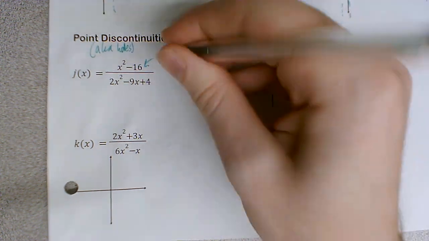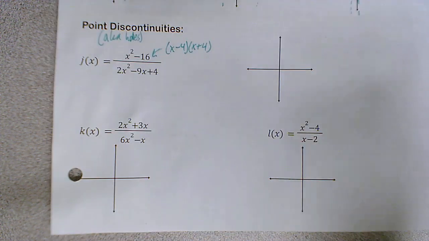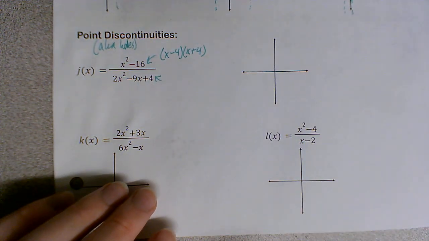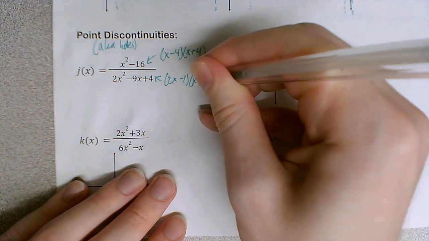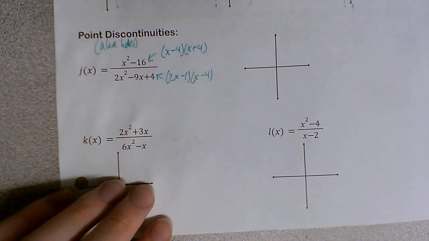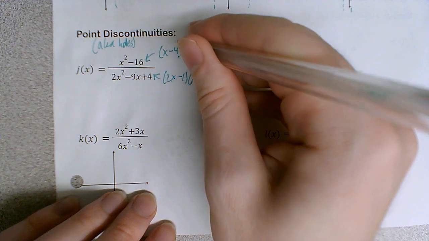So this numerator factors into x minus 4 and x plus 4 using difference of squares. All right, this denominator factors into 2x minus 1 and x minus 4 using a cross puzzle. So because of this, we have a common factor in the numerator and the denominator, which cancels out.